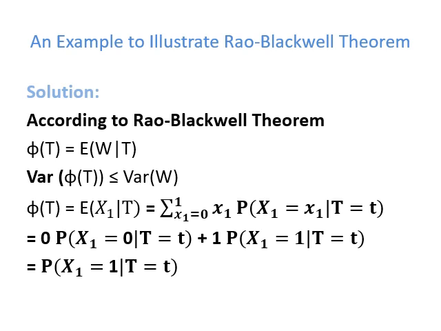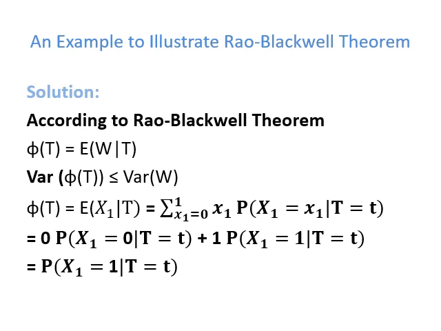Notice here that X1 takes values either 0 or 1, so we are going to sum over the values 0 and 1. So the conditional expectation will be given by the summation of x1 from 0 to 1, x1 times the conditional probability that X1 equals small x1 given T equals small t.